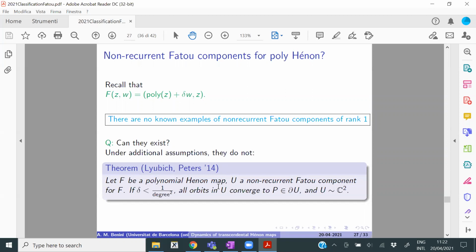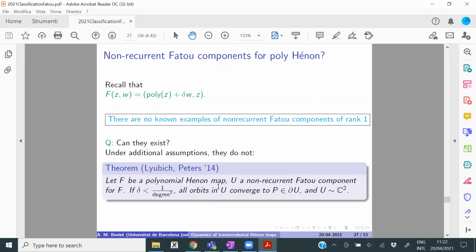Okay, so non-recurrent Fatou components, sorry, I said it wrong. Non-recurrent Fatou components on which you converge to a point on the boundary are kind of the analog of a parabolic basin. I'm not sure about their geometric structure in this case, but they exist, no problem. But to find non-recurrent Fatou components of rank 1, it's not known whether they can exist or not.